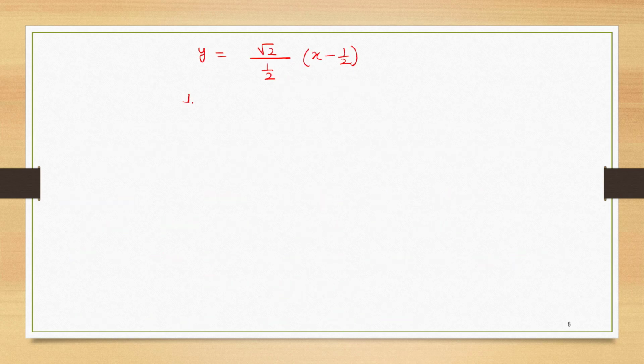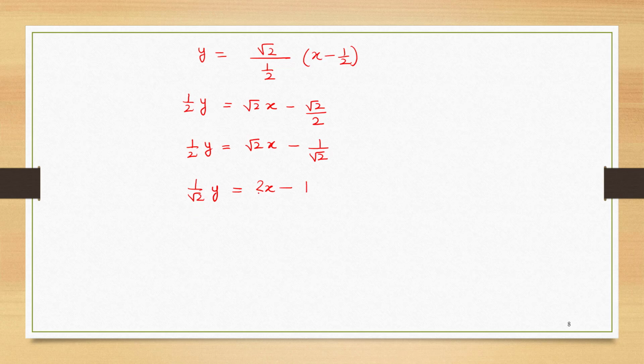So this is 1 by 2 y is equal to root 2x minus root 2 by 2, or 1 by 2 y is equal to root 2x minus 1 by square root 2. Multiply the whole equation with square root 2, we get 1 by square root 2 y is equal to 2x minus 1.